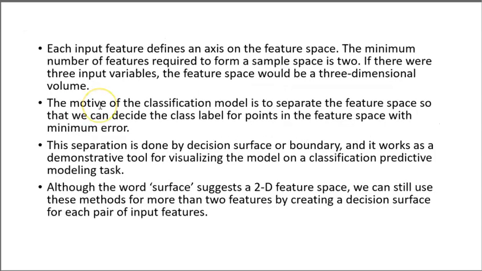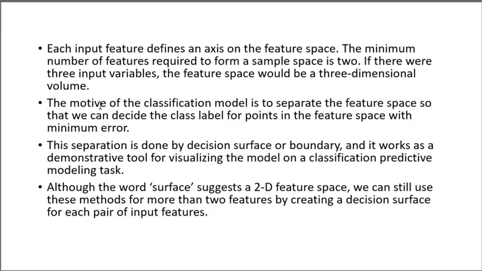So here each input feature will have a feature space. Earlier we saw the classification problem of the pass and fail students. We drew that the x-axis and y-axis are the input features, score 1 and score 2. Similarly, each input feature will become one axis. If two axes are there, we will have a two-dimensional feature space.